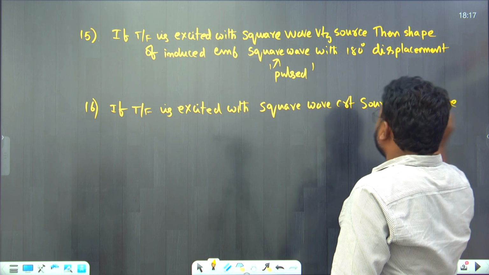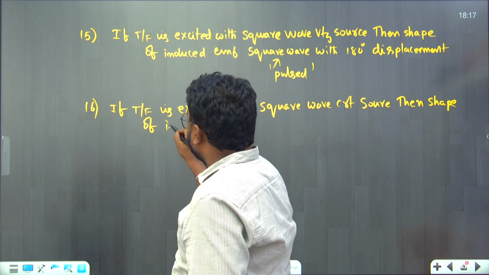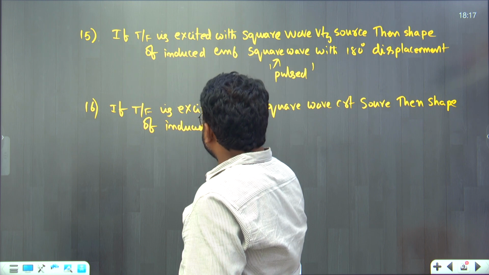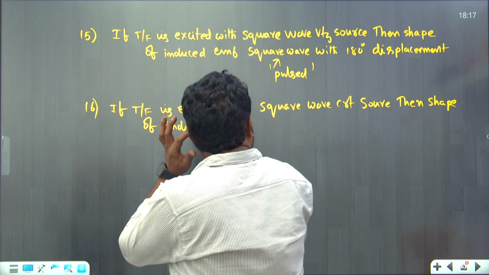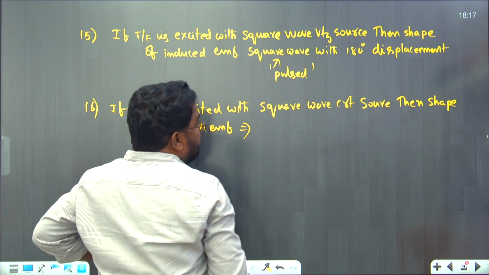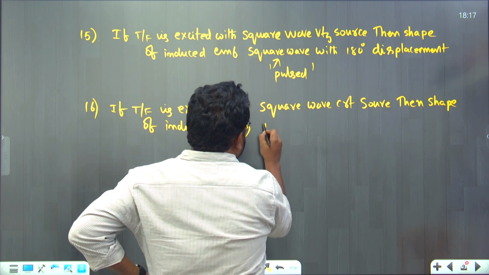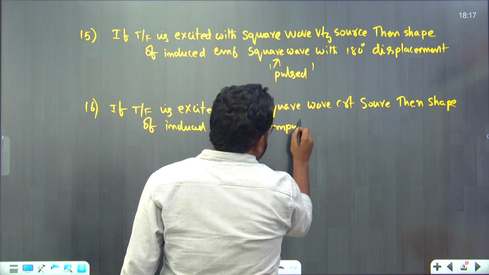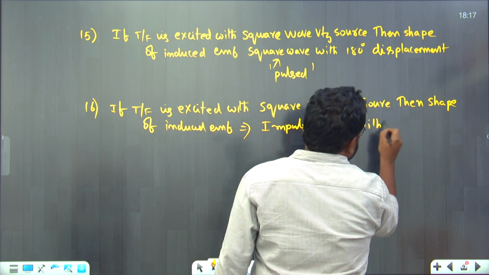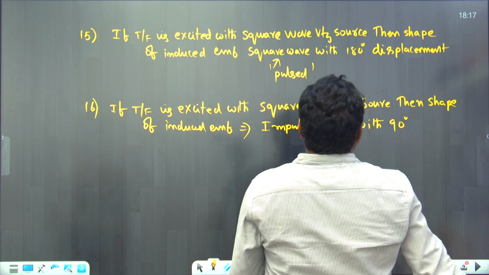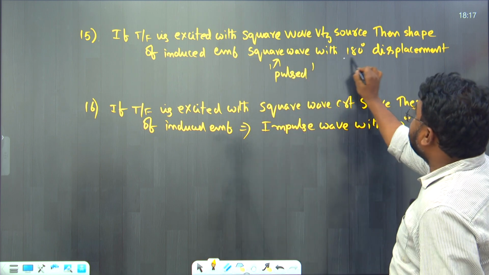This is the impulse wave, with 90 degree displacement. Here in the earlier case, it was 180 degree displacement.